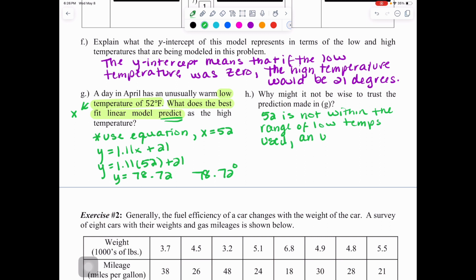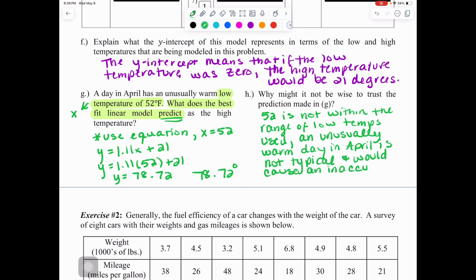And an unusually warm day in April is not typical, and would cause an inaccurate prediction.